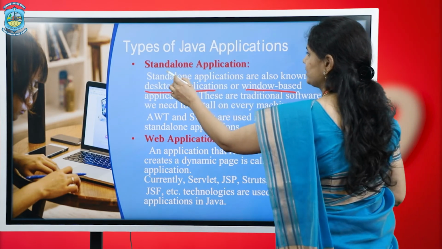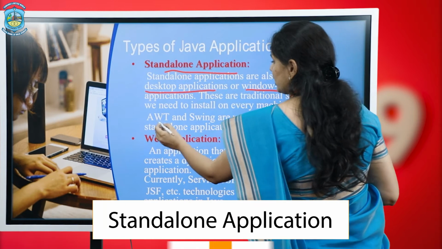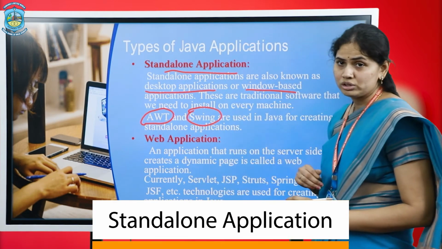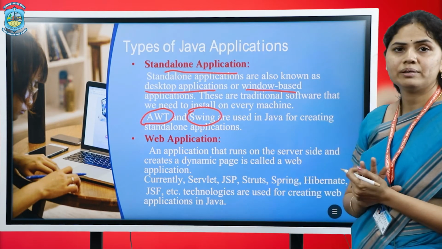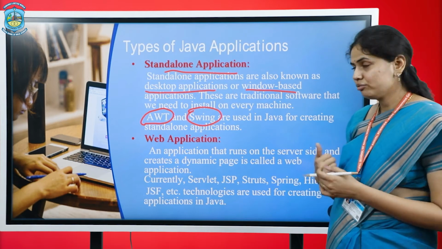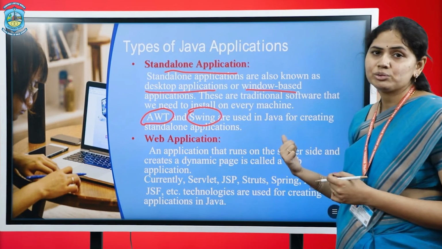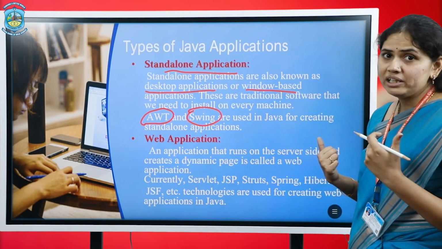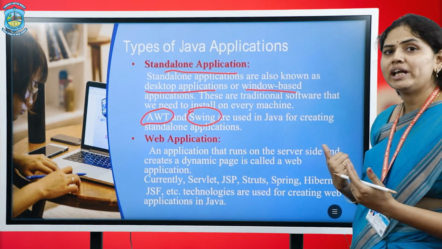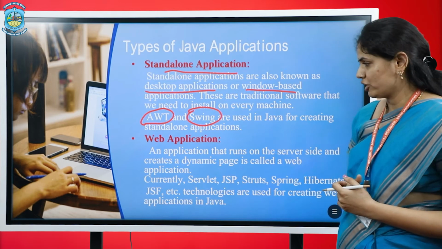Under standalone applications, the concepts of AWT and Swing are used. AWT is Abstract Window Toolkit and Swing. These are the two main concepts under Java that we use to create standalone applications.